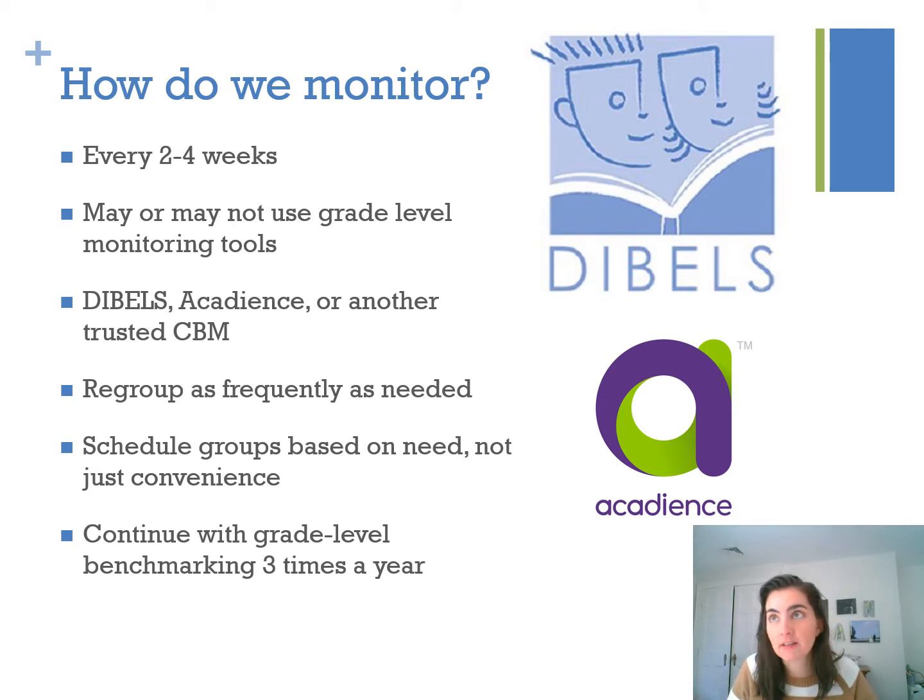DIBELS, Acadience, EasyCBM, and AIMSweb are reliable and valid. So that means a child who's tested on a first grade oral reading fluency, they're probably going to get just about the same score on any of the oral reading fluency probes because they somehow have figured out the kinds of word patterns and the structure and the complexity of those sentence structures.